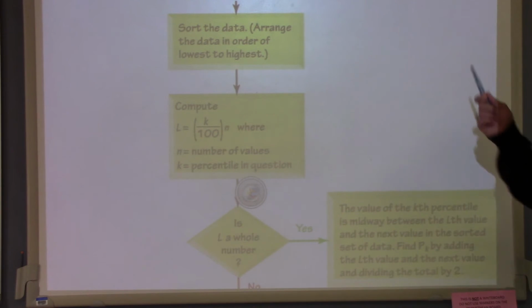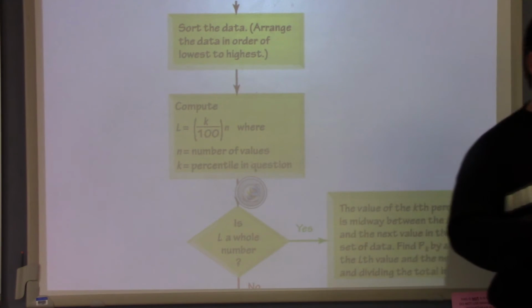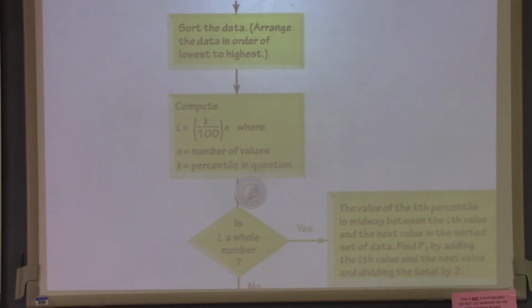In the first formula, they give you the number, and you find the percentile. In this formula, you're given the percentile, and you find the number.